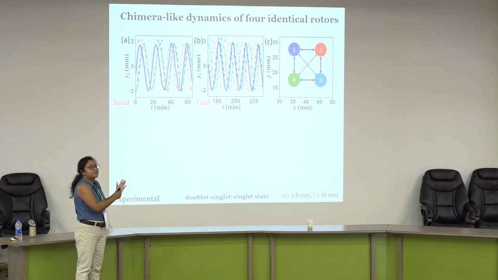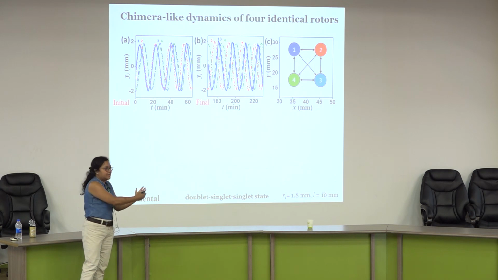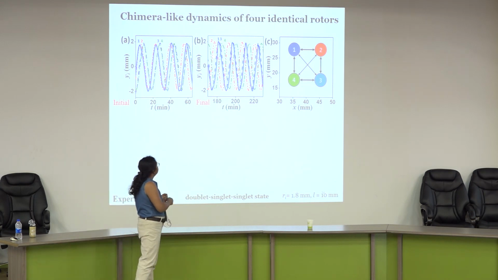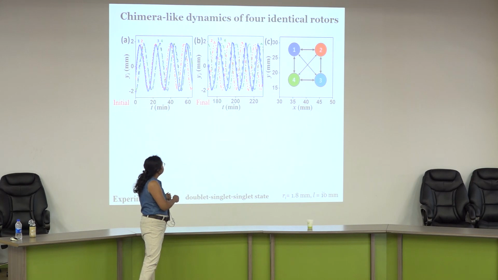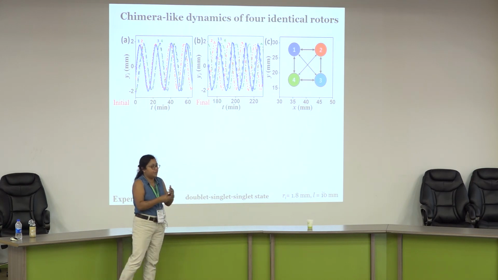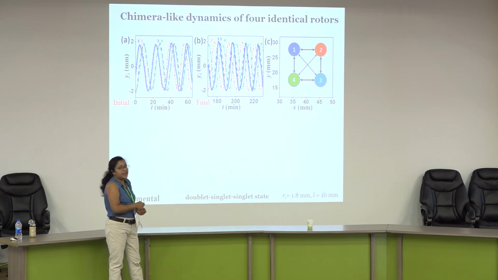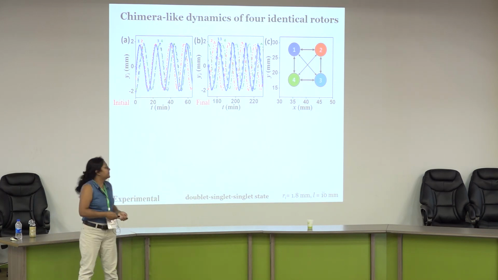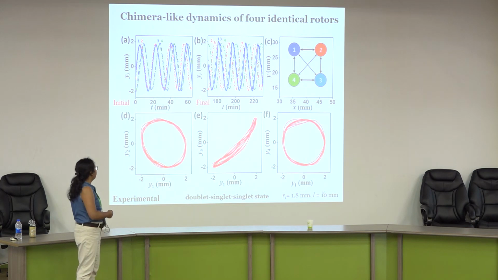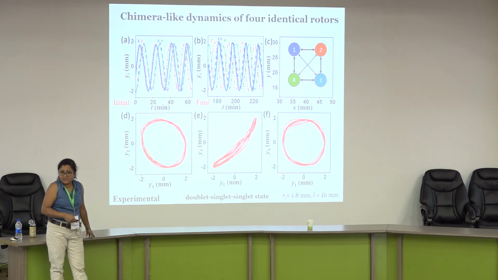After about 3 hours, or actually they stabilize before that, but we have shown the data after 3 hours, you can see that 1 and 3 have synchronized. These are results which we have color coordinated. So 1 and 3 are coordinated and 2 and 4 are out of sync. This could be said to be a chimera-like behavior, and the phase diagram also shows the same, but as you can see the rest are also, the phases are different.